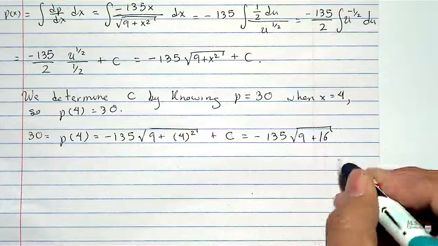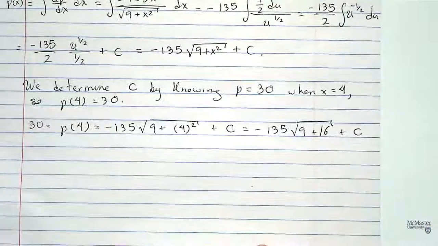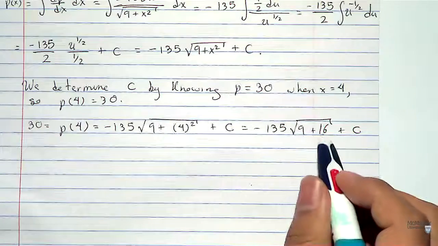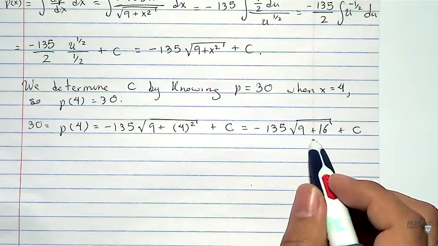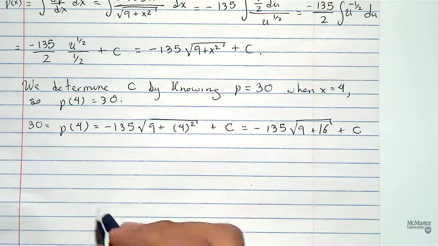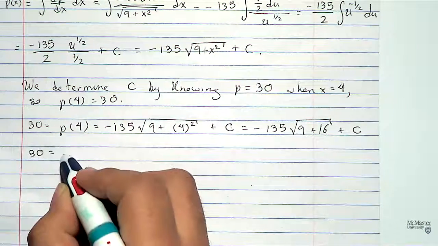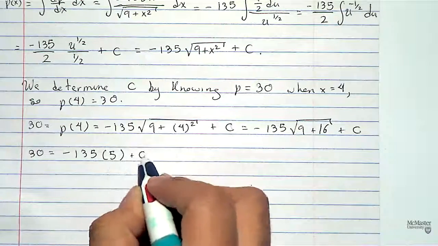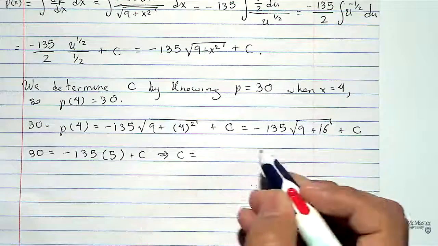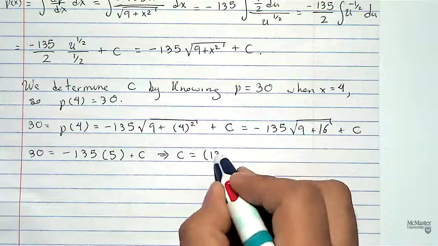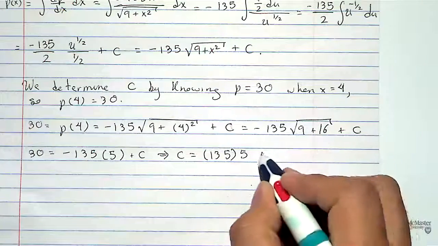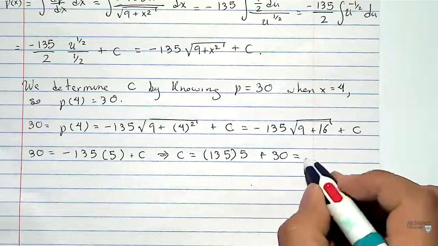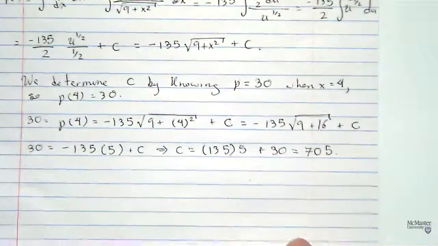This is actually a cool number, plus the constant c. So 9 plus 16 is 25, the square root is 5. So 30 is equal to minus 135 times 5 plus the constant c, where c must be equal to 135 times 5 plus 30, which is equal to 705.